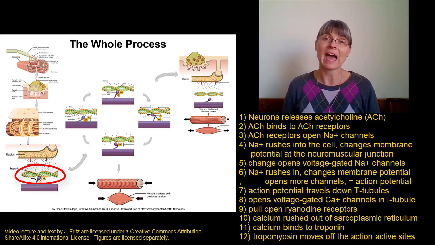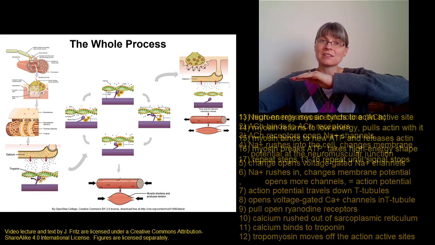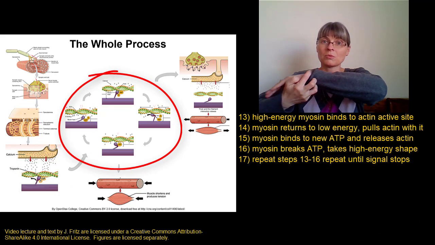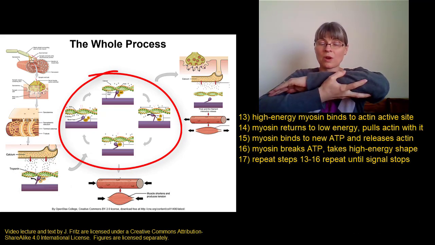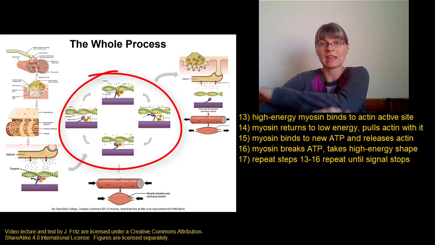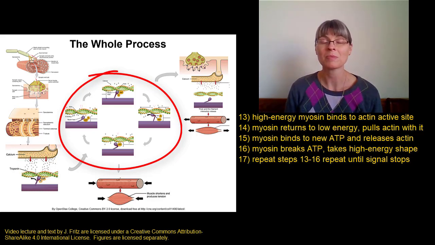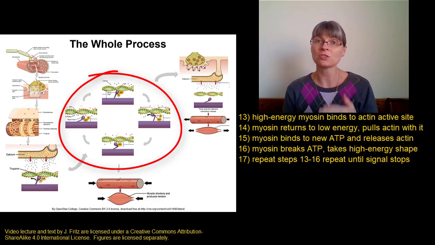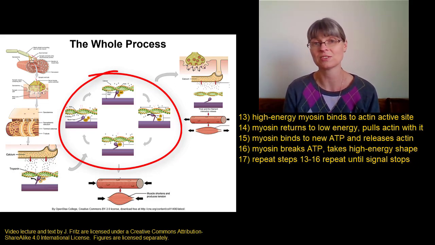Now that our active sites of actin are uncovered, our myosin can grab, pull, release, reach, grab, pull, release, reach, over and over again, shortening the muscle. And that continues as long as the neuron is still signaling or as long as there's still ATP available.